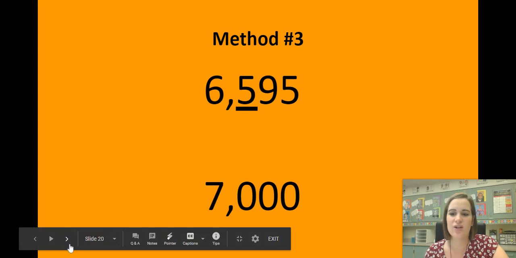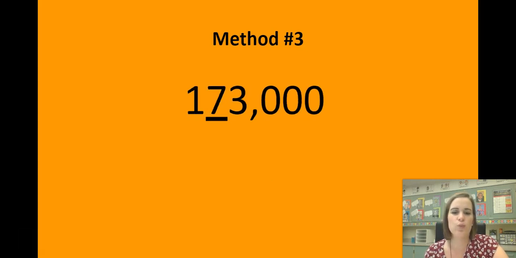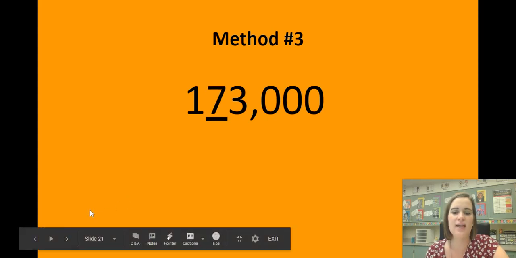So let's go on to a larger number. So this number is 173,000. So in this number, like you did before, you're going to look to the right of the digit in the 10,000s place. So the 7 is in the 10,000s place in this number.